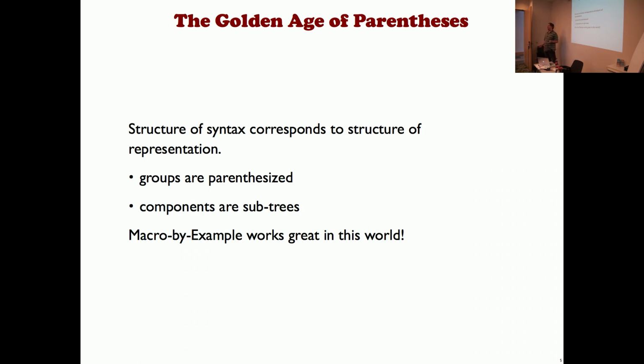And the syntactic components are actual subtrees in the data representation. And these are kind of saying almost the same thing, but what I mean by this is, like, if you think of something like a binding pair, that is a cons cell that you can point to, right? It's not, oh, these two adjacent things like it might be in Clojure, for example. And macro by example is just fantastic in this world.